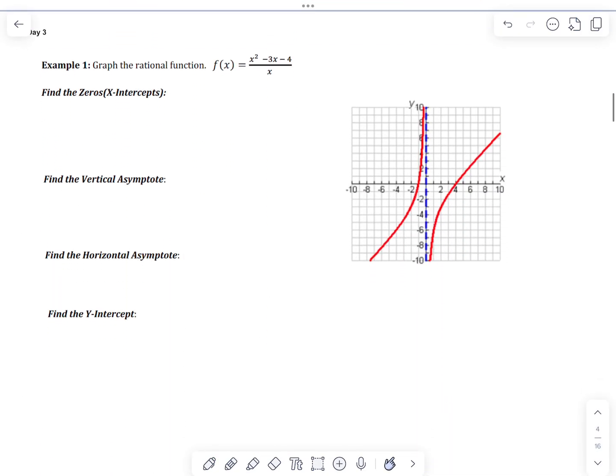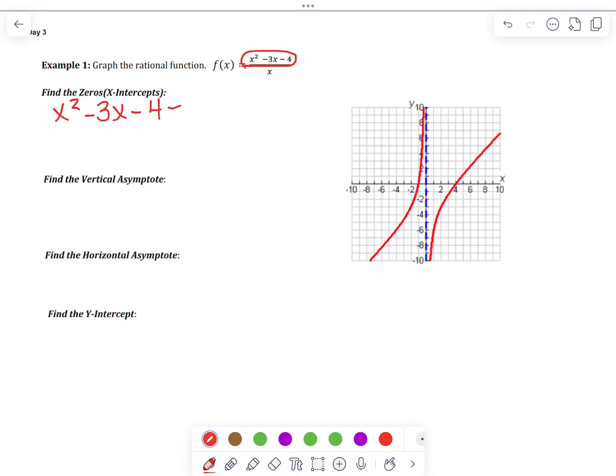So here's an example. We have a rational function, and we're going to start by finding the x-intercepts. We focus on the numerator. We set the numerator equal to 0 and solve for x. We're going to factor this, so we can go ahead and do our diamond. What are the factors of -4 that add to -3?